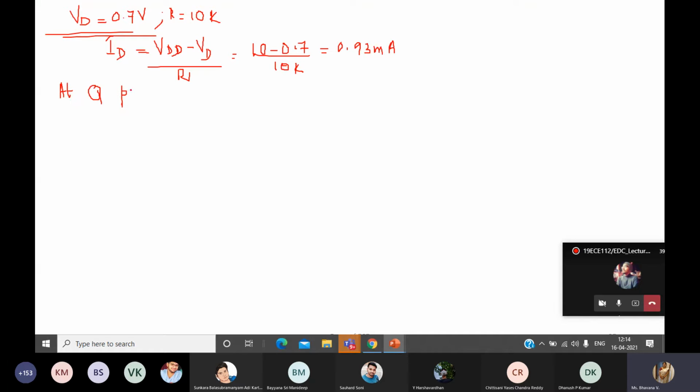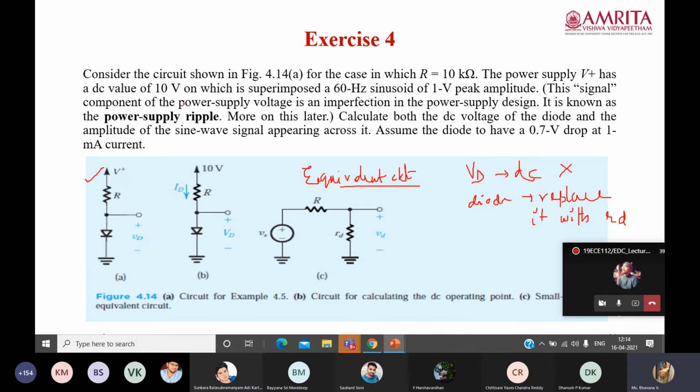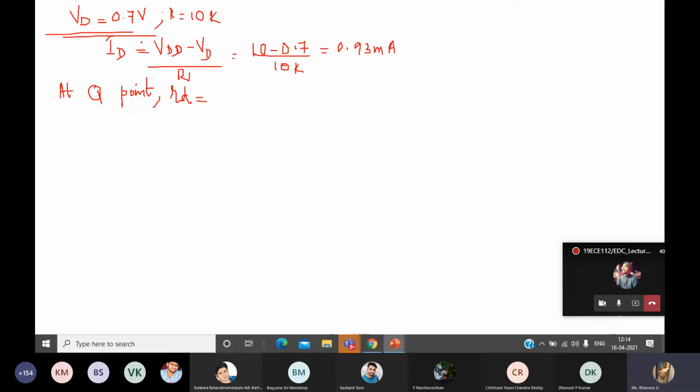Now tell me, at this operating point, at this Q point, what will be the diode incremental resistance? They have not mentioned it, you have to find RD. From the equivalent circuit, we can make sure that this model is based on the small signal diode model, so we have to find RD to proceed.